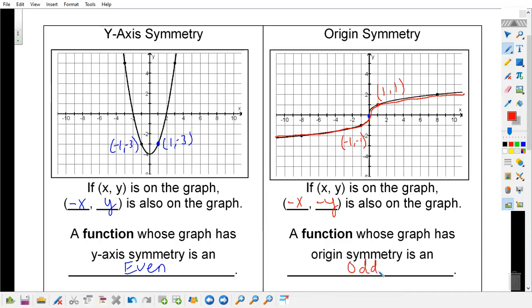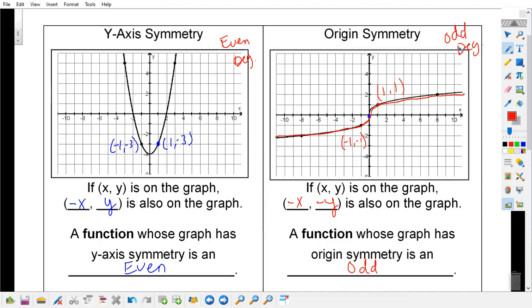In terms of polynomials, that means that y-axis symmetry means you have an even degree polynomial. Origin symmetry means you have an odd degree polynomial.